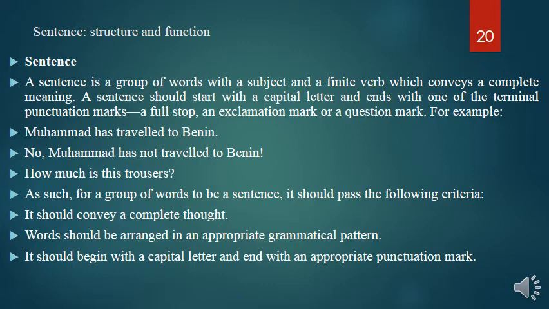Terminal punctuation marks are the marks that come at the end of a sentence to show that you have come to the end of a particular sentence. You either use a full stop, an exclamation mark, or a question mark. These are the terminal punctuation marks we have.